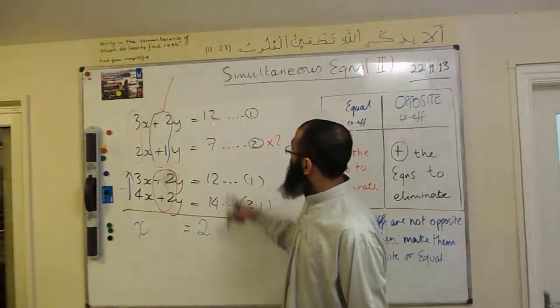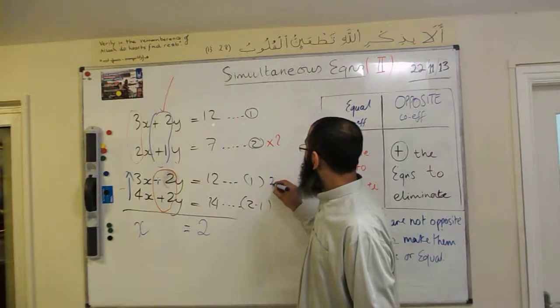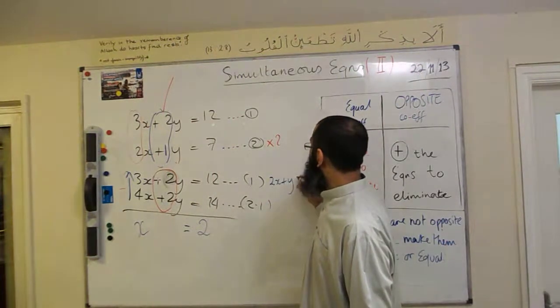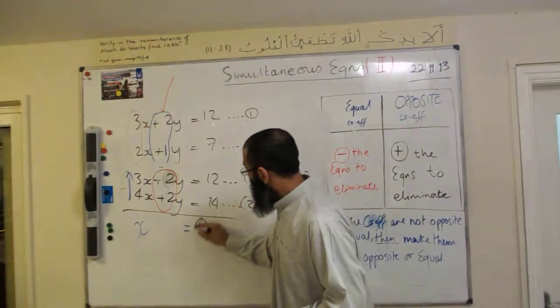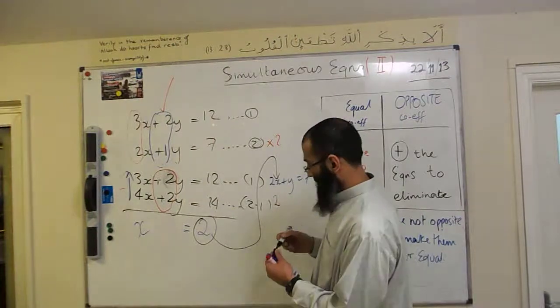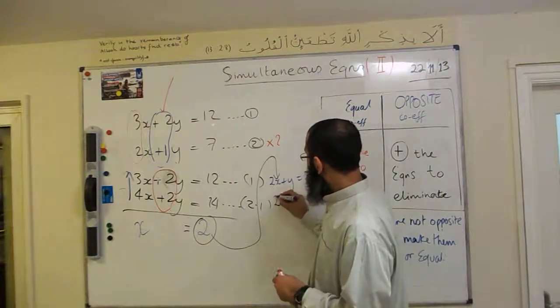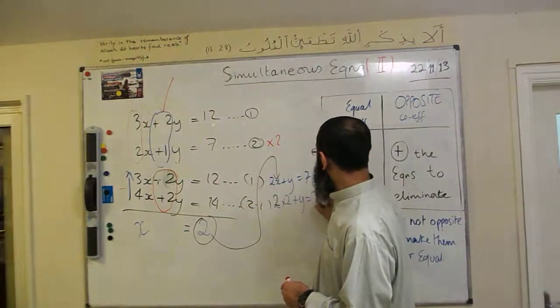You got to put this back into the second equation, for example. What is the second equation? 2x plus y is equal to 7. So x equals 2 goes into there. So we got 2 times by 2 add y is equal to 7.